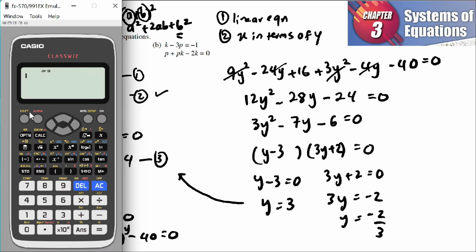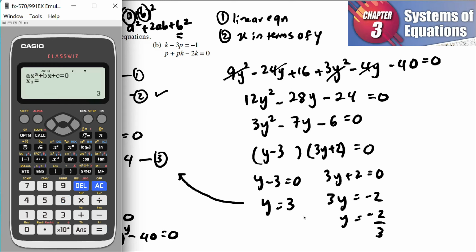Okay, using calculator depends on what calculator you are using. So for mine, menu, and then just alpha A, and then this one is polynomial degree 2, because the highest power is 2, right? 3y squared minus 7y minus 6. Just press 3, negative 7, negative 6.